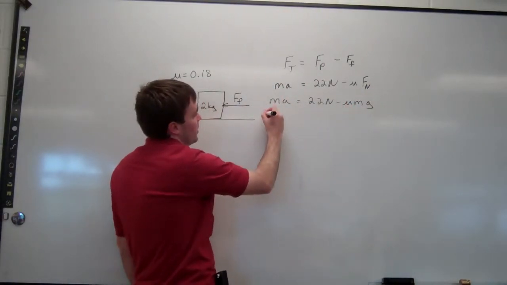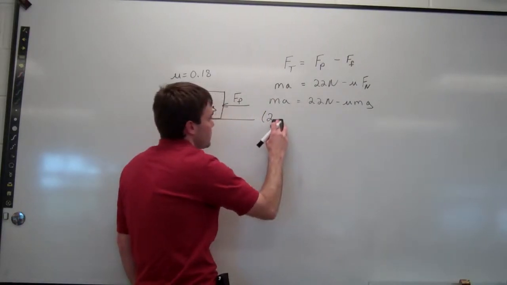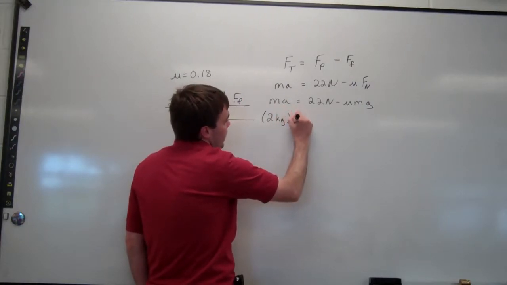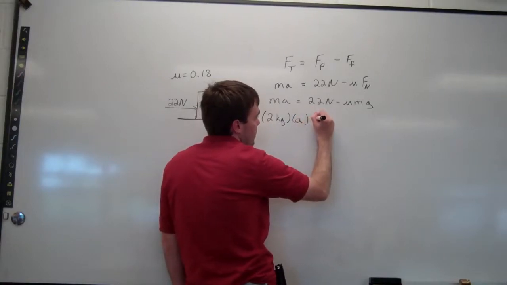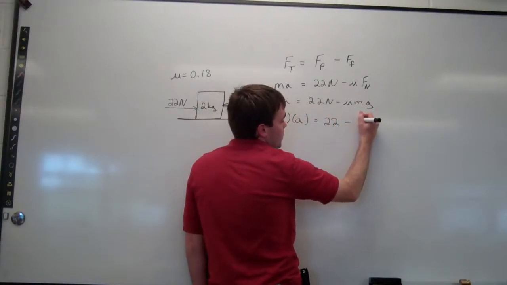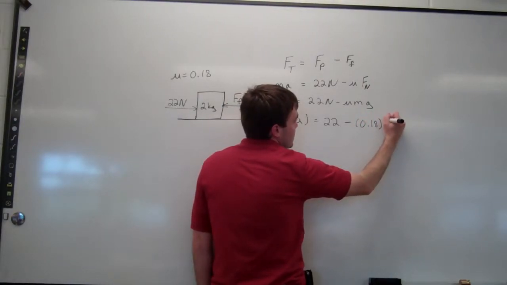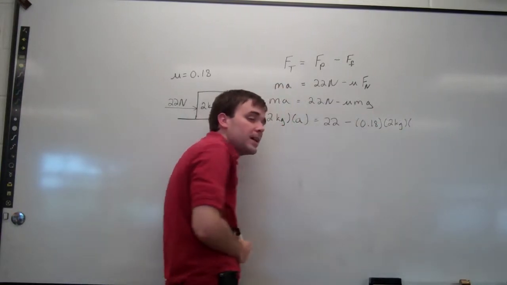Alright, so now I plug in our numbers. 2 kilograms. Do we know a? Nope, so we're looking for a equals 22 minus mu, 0.18, times 2 kilograms times, do we use positive or negative g here?